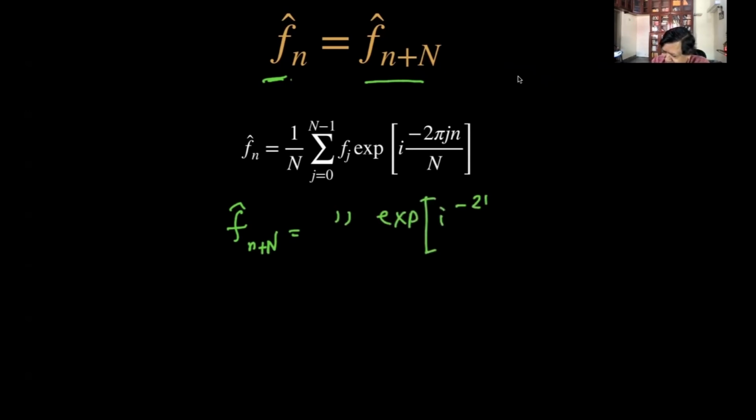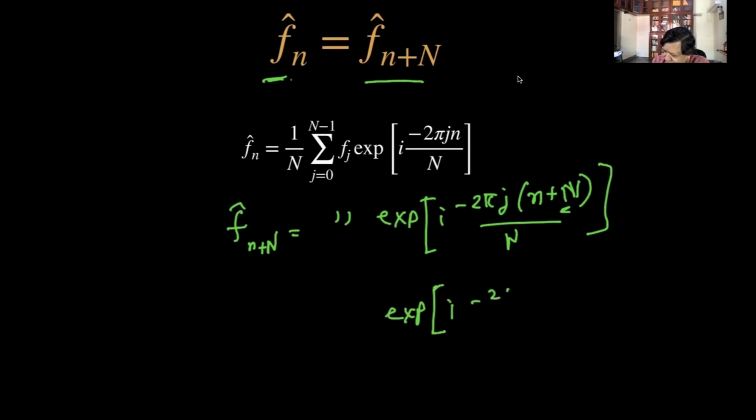Minus 2 pi i j, since instead of n, I substitute n plus N, divided by N. So the new thing is this N. Look at it carefully: it is minus 2 pi by N times j times N. So this cancels. So what is the exponential of i times minus 2 pi j? It is 1, right? j is an integer, so it is 1.